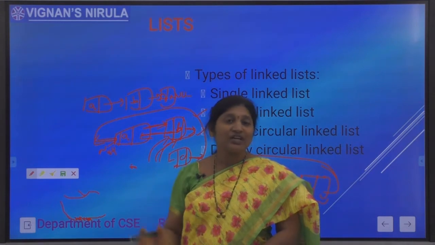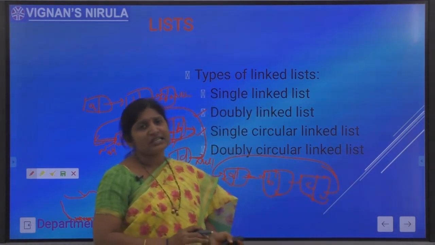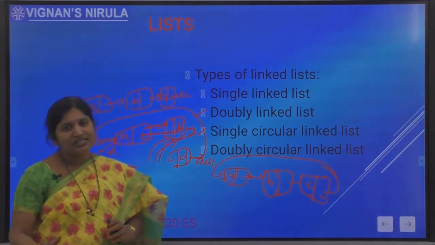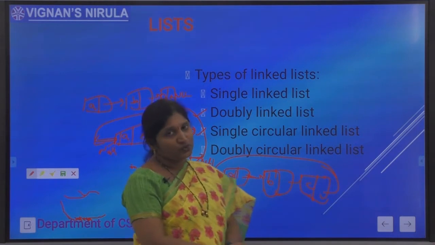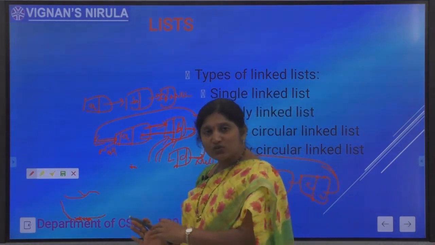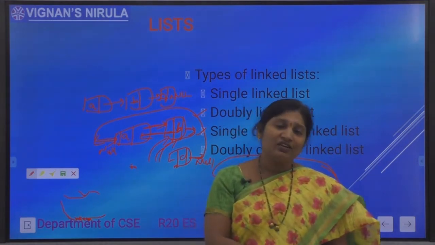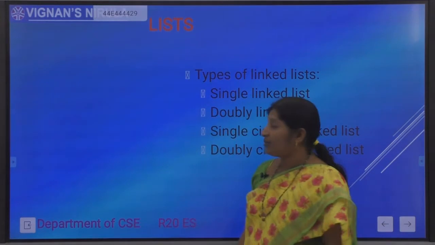What is the next node after the last node? Again the first node. A single circular linked list is a single linked list in which the last node address is pointing towards the first node. A doubly circular linked list is a double linked list in which the last node's next node is stored as the first node itself. So these are the common types of linked lists available.